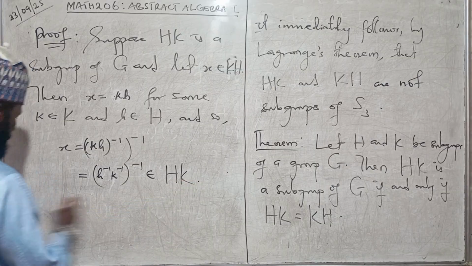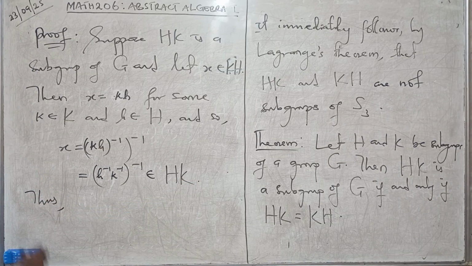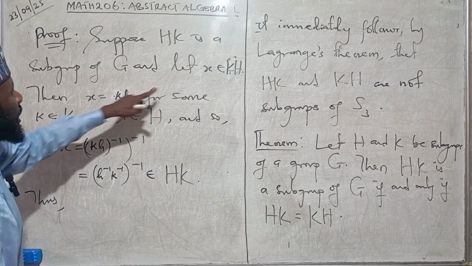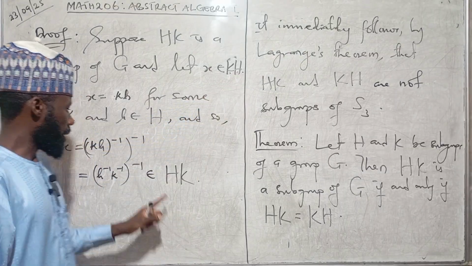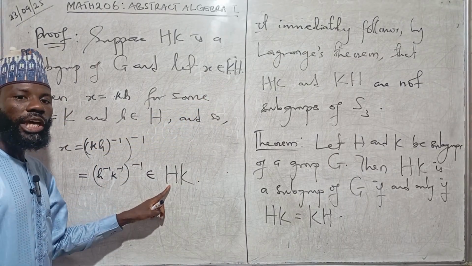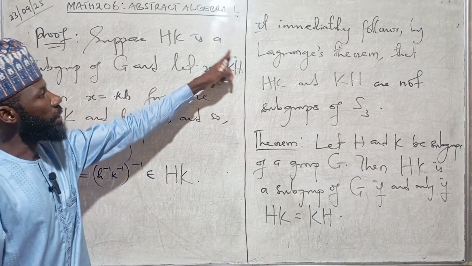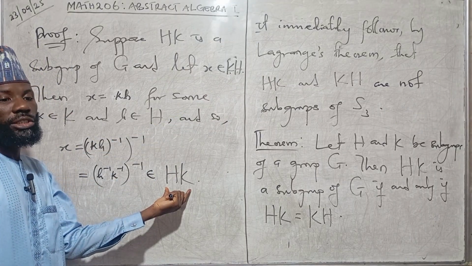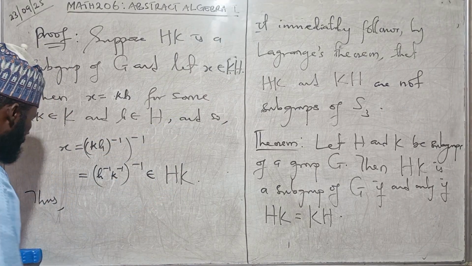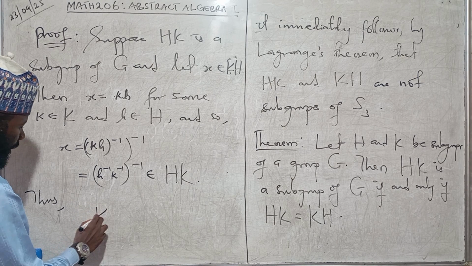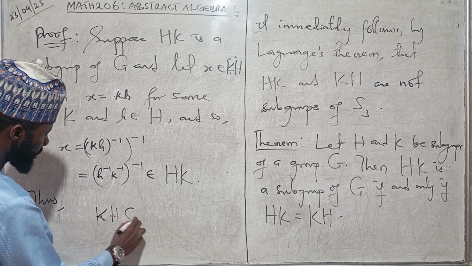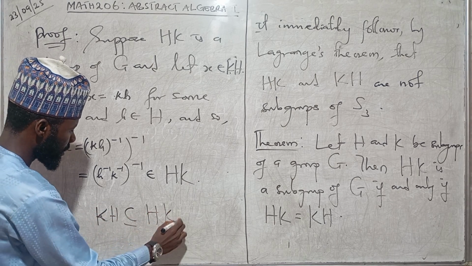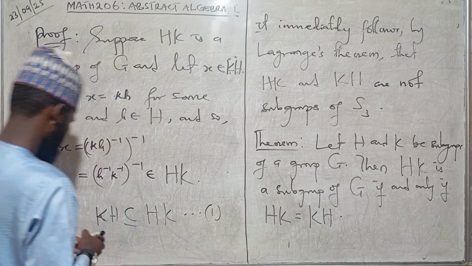So thus, what do we get? We took an arbitrary element of KH and it ended up in HK. So every element in KH is an element in HK, meaning KH is a subset of HK. I'll call this one.